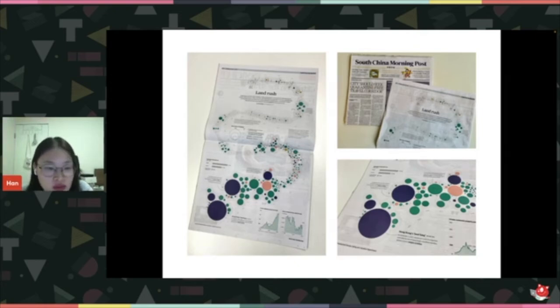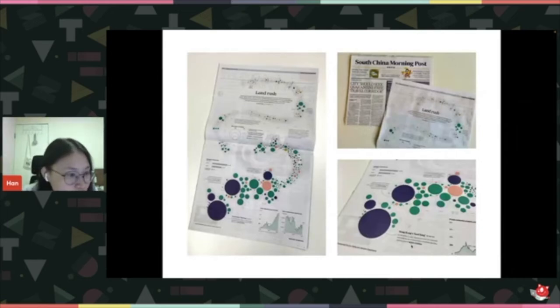And the green dots mean the land was for residential purposes. And the blue dots mean the land was for commercial uses. And if you take a look at the left bottom corner, you can see the ranking of the most expensive land sold by the government until the end of 2021.